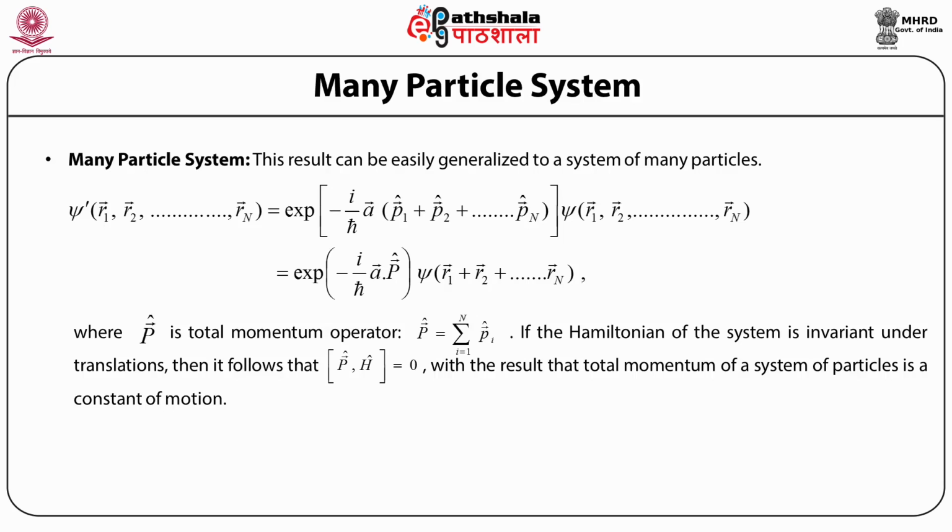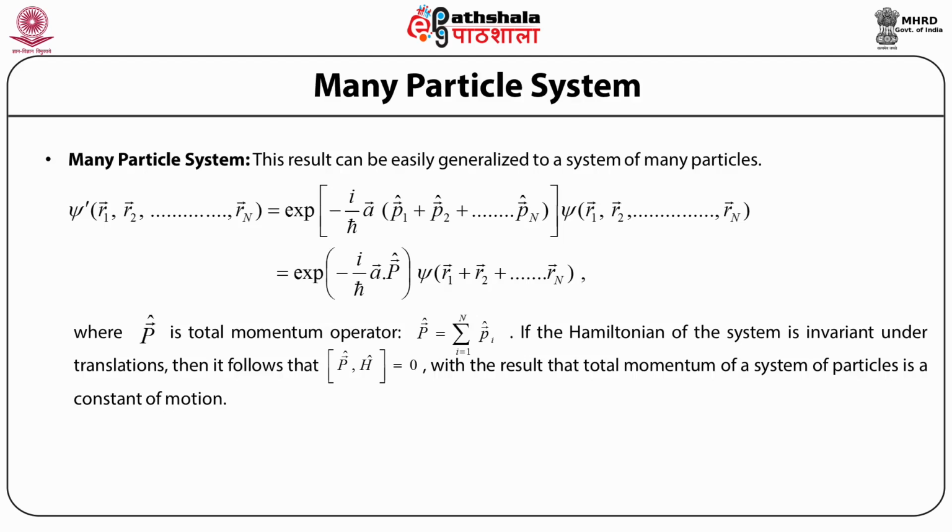And further working out this result, we get that the wave function psi prime turns out to be equal to exponential times minus i by h cross position vector a dot momentum operator P, capital P, whole times wave function psi as a function of position vector r1, r2 and so on to rn, where the momentum operator capital P is the total momentum operator and is defined as capital P is equal to summation over i going from 1 to n, momentum operator Pi.